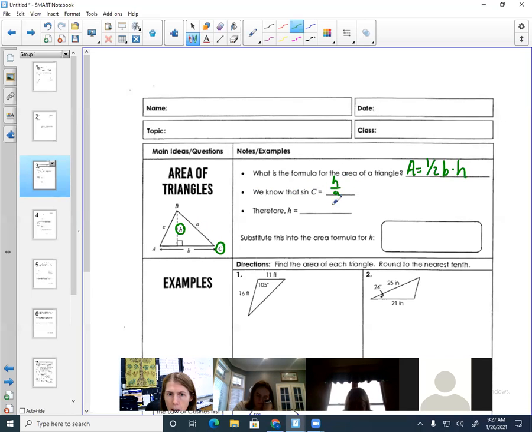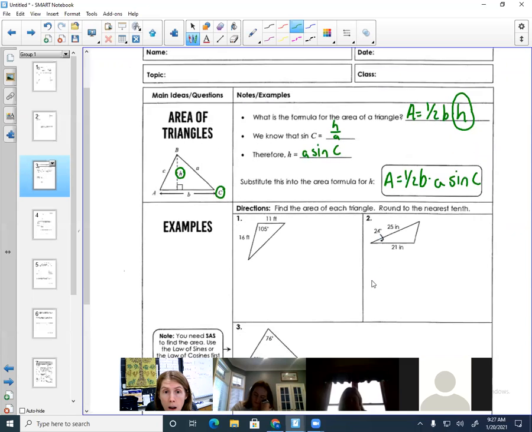That's where the H over A came from. Now, if I solve for H, I get A sine of C, because I multiply across. A times sine C makes A sine C. Then I'm just going to plug in my H. Where my H is, I'm going to plug it in. I get area equals 1/2 base times A sine C. And that's the formula you're going to use today.